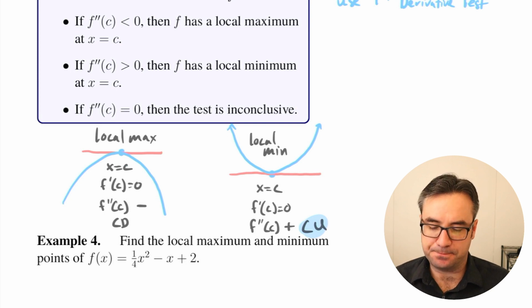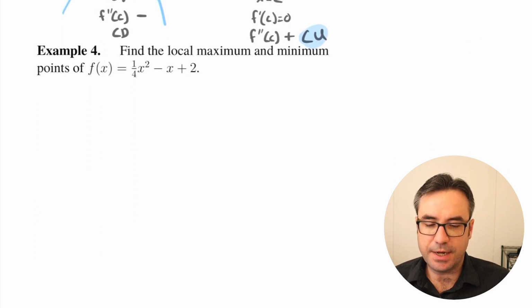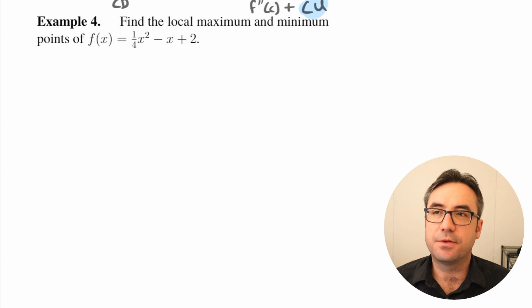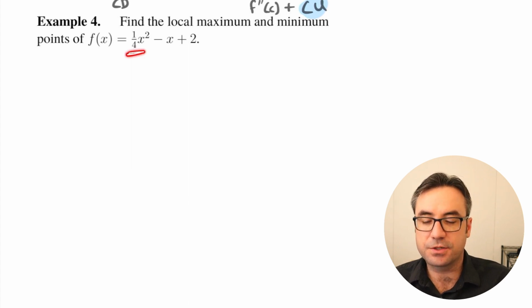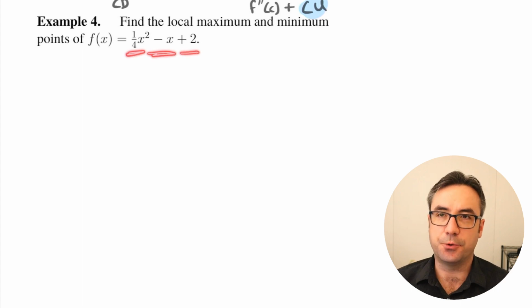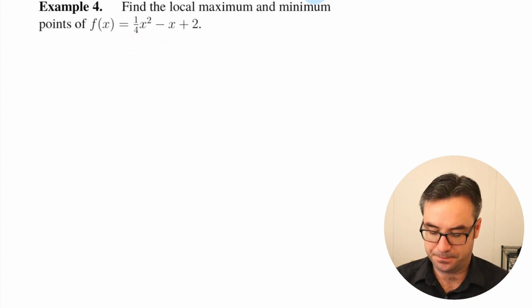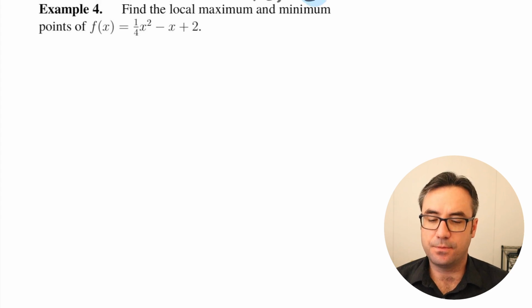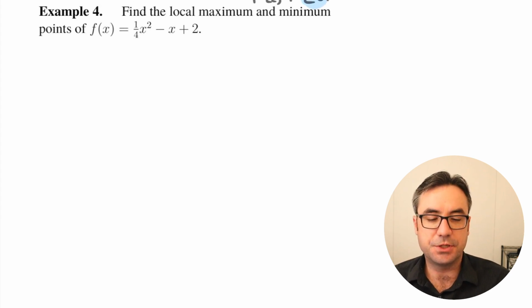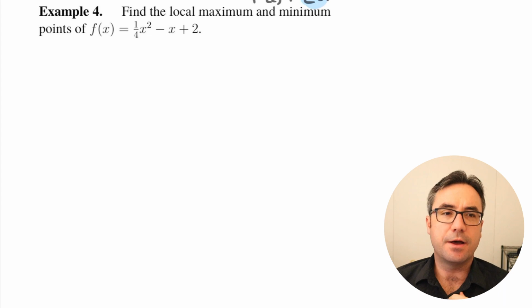So let's try it out. Let's try example 4. We're going to find the local max and min points for the function 1/4 x squared minus x plus 2. So that's our function. To start this one, we want to first find the critical numbers.